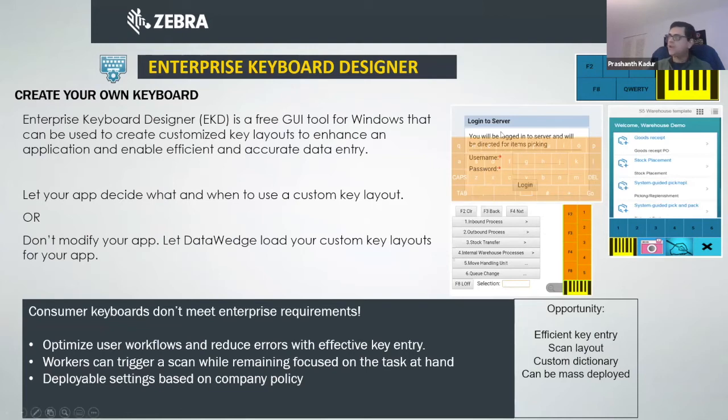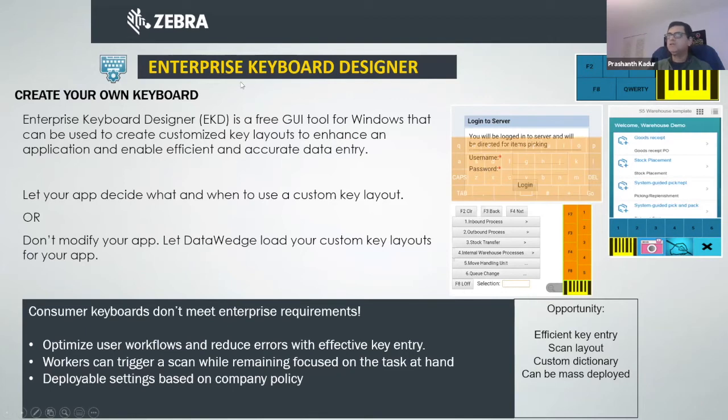And this is an example of a transparent key layout. Here on this side, this key layout has images instead of text. On this side, we are making use of the vertical space instead of a horizontal key layout, so that on devices like the WT6000, where it's landscape, you get to make use of this space.